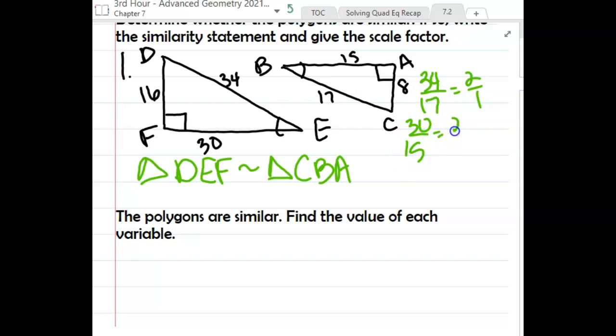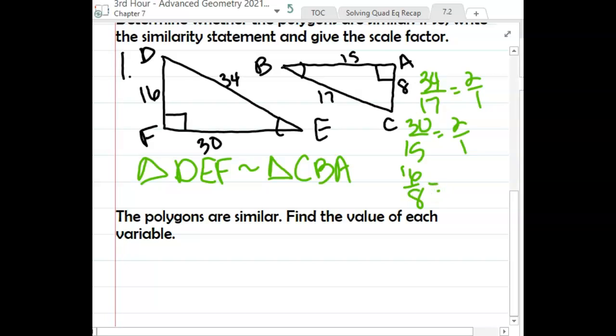BA, which is 15, which is also 2/1. Starting to get a little excited? Not yet. We don't know. What's the last side? 16 over 8, which reduces to 2/1. Wow. Who knew?